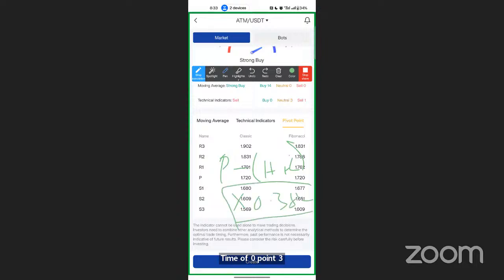They will be using Fibonacci ratios to calculate support. They will be using Fibonacci levels to calculate resistance.